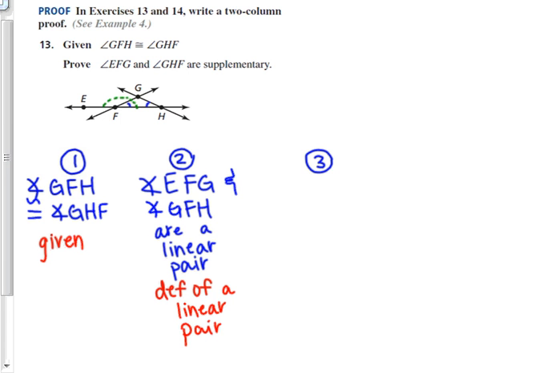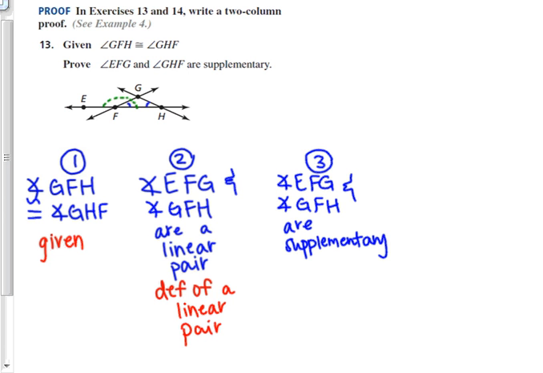So I'm going to go ahead and write that out next. I know that EFG and GFH are supplementary. And I know that from my linear pair postulate.